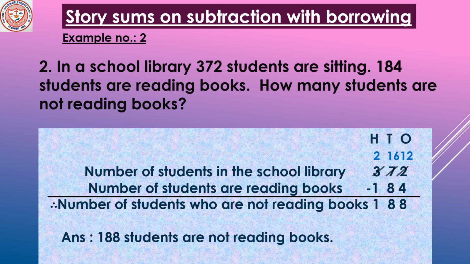So how will we solve this problem? Yes, again we have to write the statements, then we have to subtract the numbers, and finally we have to write the answer in a full sentence. Okay, so let's get started.